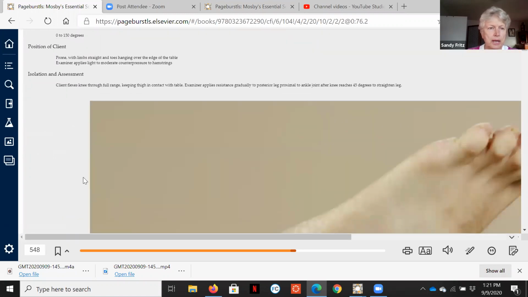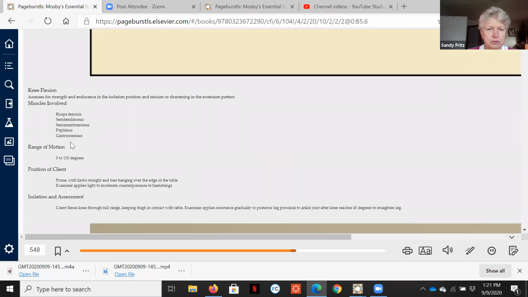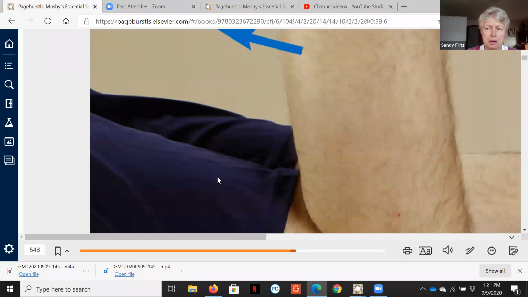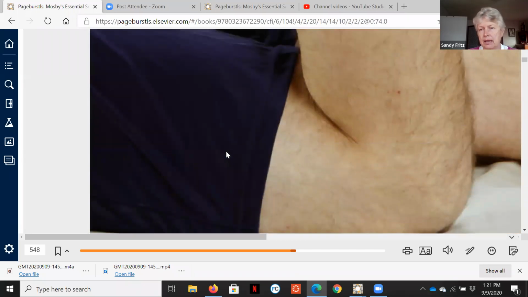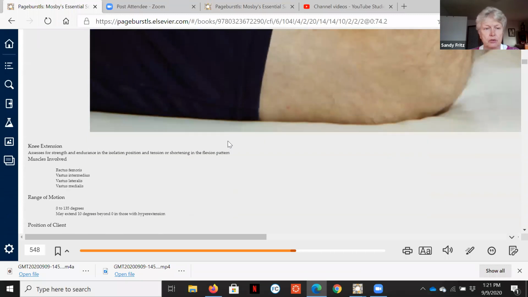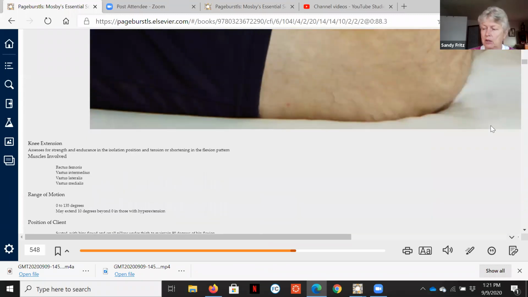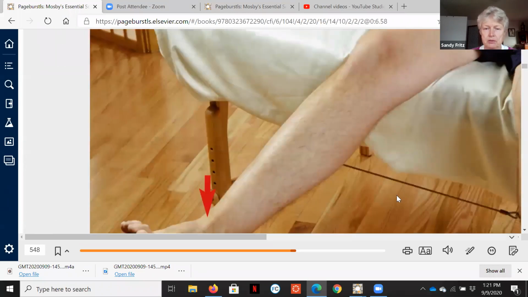We're going to look at this description for this picture. And for the most part, in chapter 10, these activities are organized in agonist-antagonist relationships, or a functional movement pattern around a particular joint. So as we move down here, now we're going to look at knee extension. And then there's the picture.